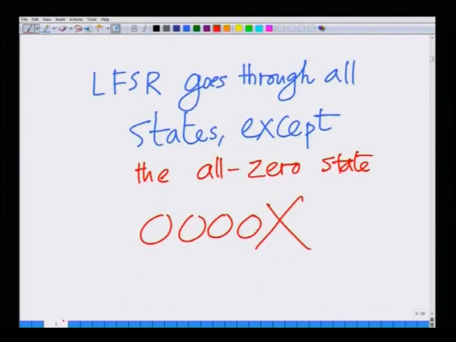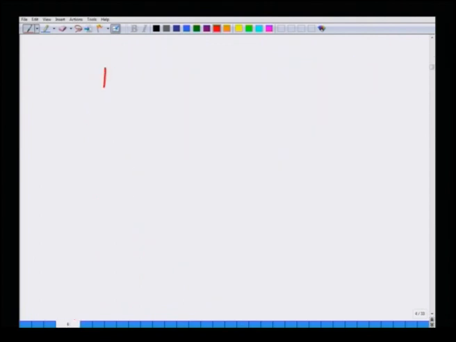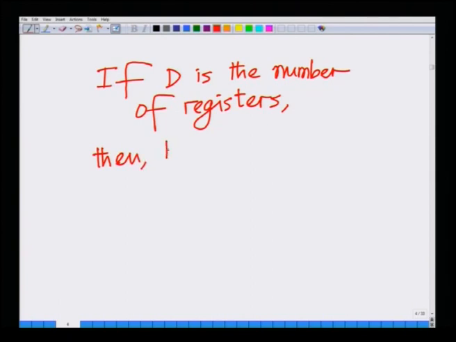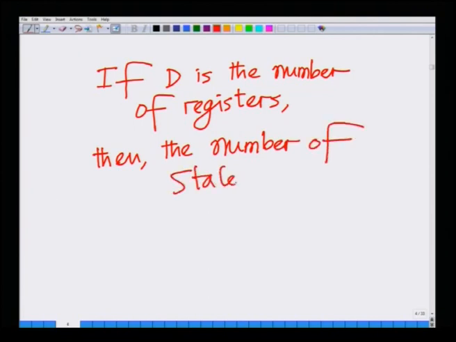So if D is the number of registers in the LFSR, then the number of states is 2 power d minus 1.